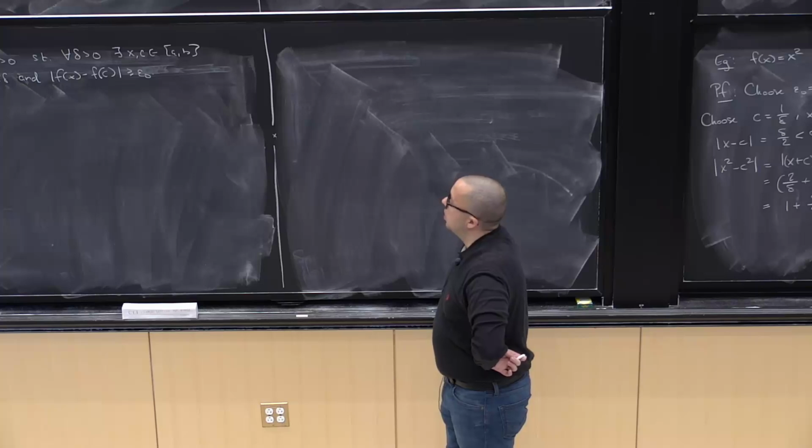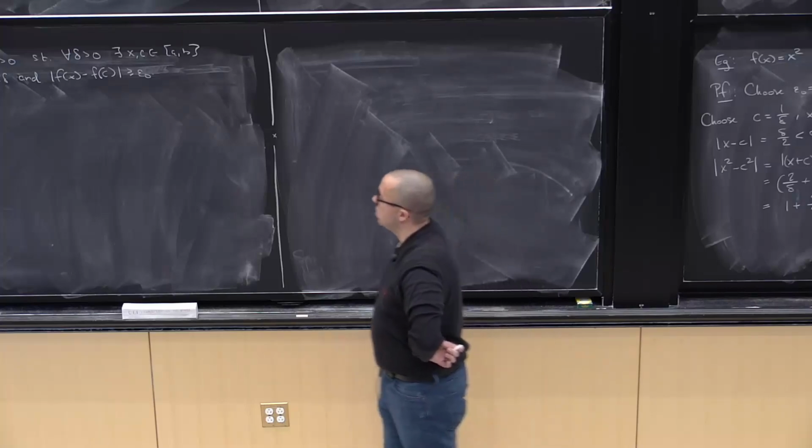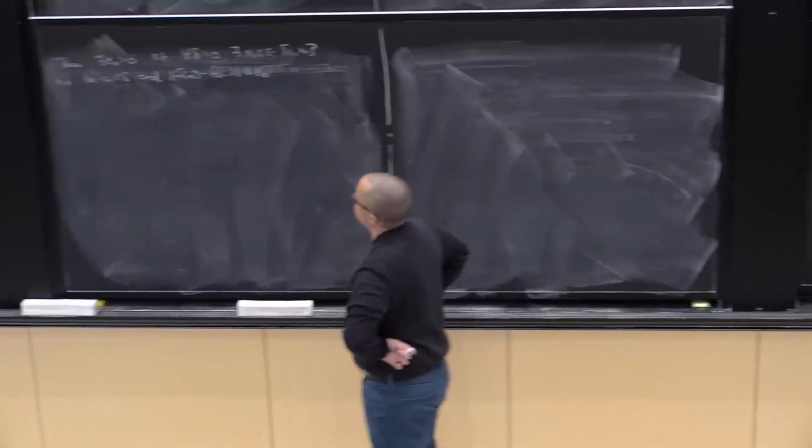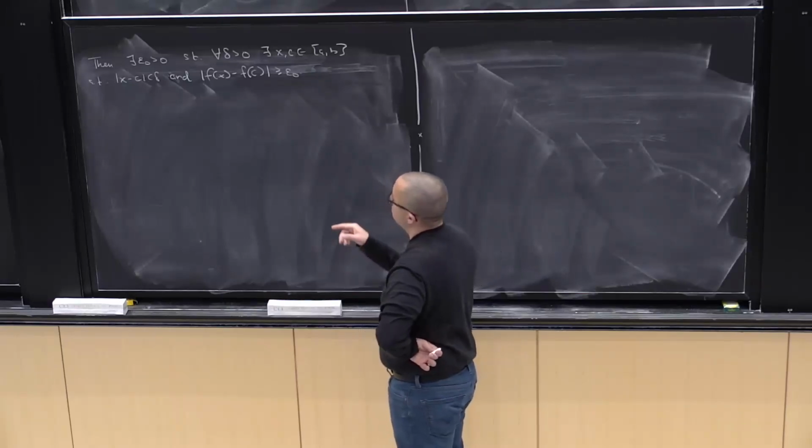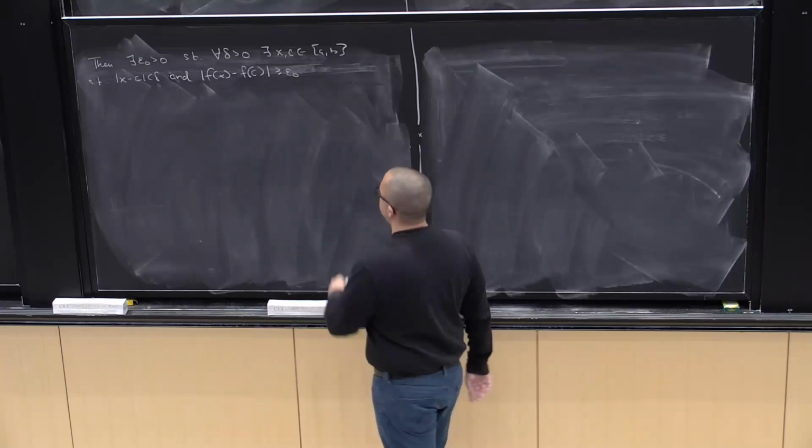Now, this holds for every delta. You can find x and c so that x minus c is less than delta, but f of x minus f of c is greater than or equal to epsilon naught. So let's choose delta to be 1 over n for each natural number n.